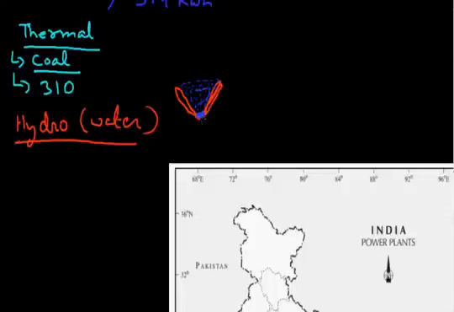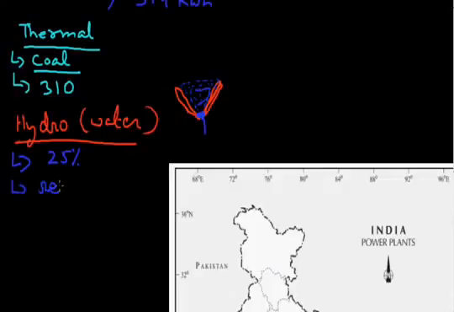Now from here the water is thrown down, which moves the fan of generator, and then it generates the electricity. This is called hydroelectricity. India produces 25% of its total electricity from hydroelectricity.